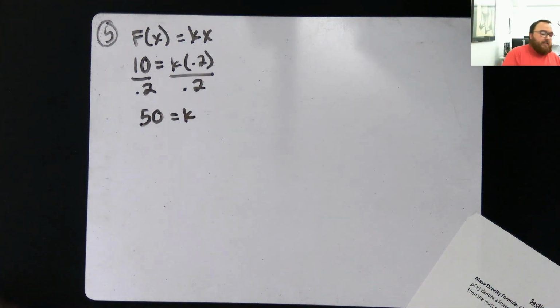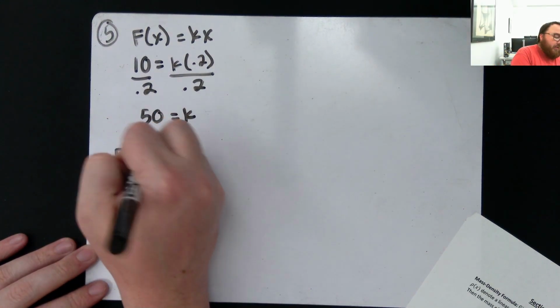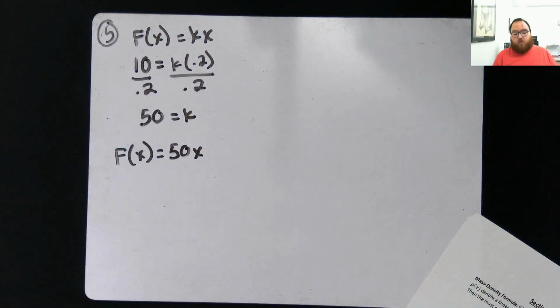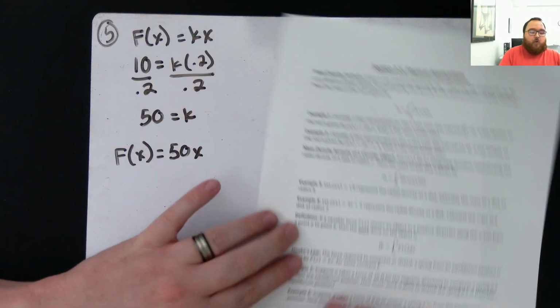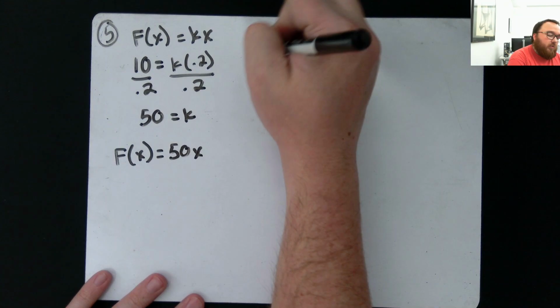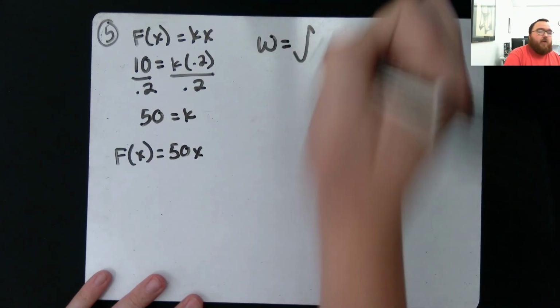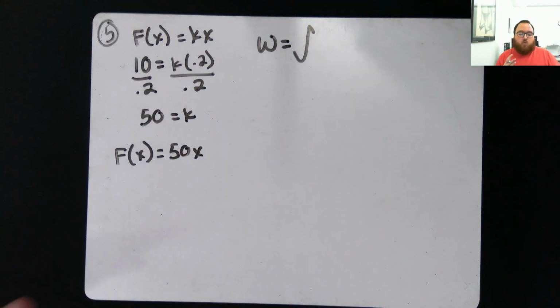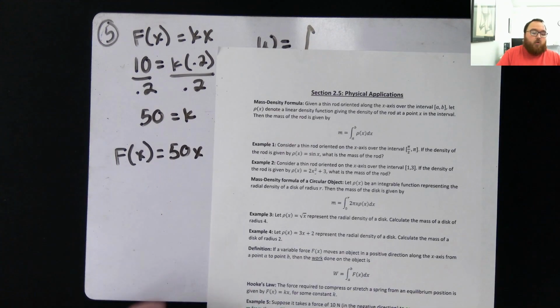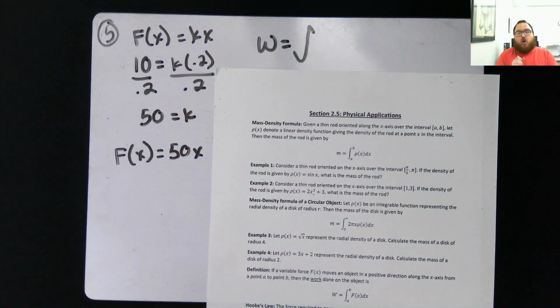So what this means is I know f of x is 50x. So now I can plug that in and figure out what the work is. So the work is going to be equal to, now this is where some people aren't really sure what to put here. Notice that the bounds are how far I want to go.